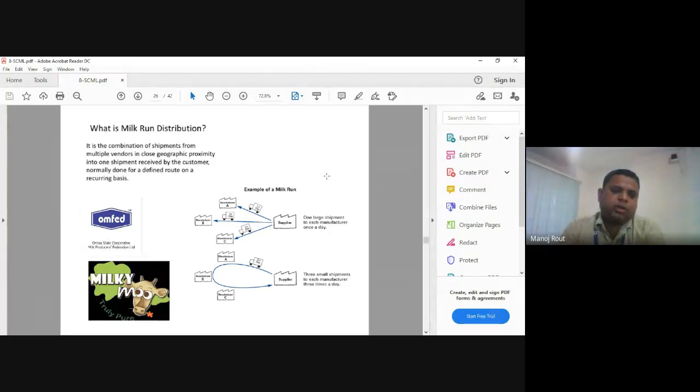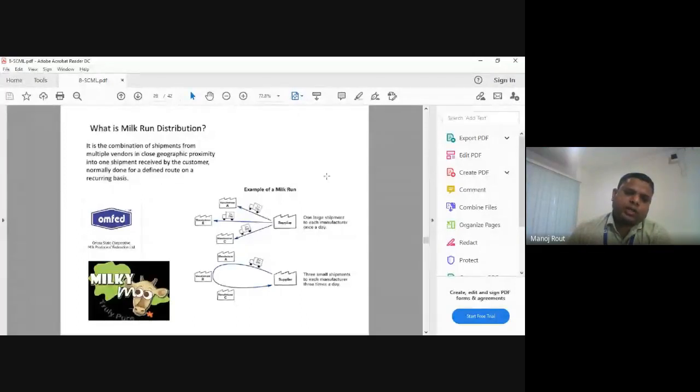Just imagine there may be 20 to 30 raw milk suppliers, and it is difficult to employ 10 to 20 vehicles and 10 to 20 drivers, co-pilots, the fuel cost, the maintenance cost of vehicles, and the most important thing, the raw material safety. So they directly employ only one vehicle for collection of raw material to the dairy industries. And the same thing happens in product distribution also.